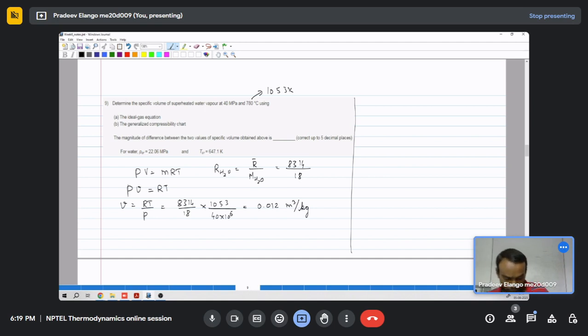And now using the compressibility chart we can find. So for that we need to calculate the reduced pressure and reduced temperature. So reduced pressure is given by the actual pressure by the critical pressure, and the actual pressure is 40 megapascal divided by the critical pressure, 22.06. So we can calculate the reduced pressure.